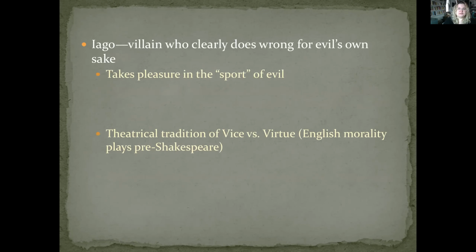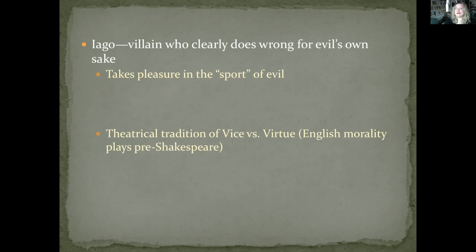Again, Iago is just a fascinating villain because he is so evil and just clearly enjoys evil. Shakespeare would have been familiar with, and this is an interesting thing if you want to do more research about, morality plays pre-Shakespeare, during the Tudor era, so think Henry VIII, which was a generation before Shakespeare.